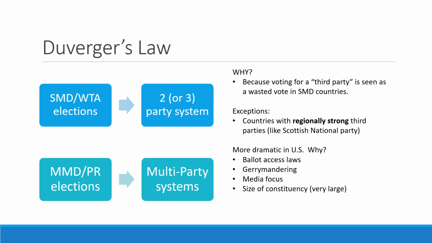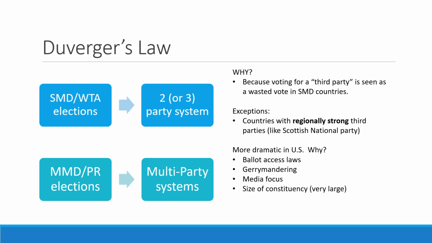Now, the opposite of this is that in multi-member proportional representation systems, you're going to end up with multiple parties because, logically speaking, there's more incentive for a small party. We also see that Duverger's law is more dramatically shown in the United States with the intense persistence of a two-party system.